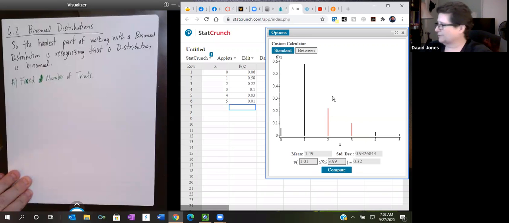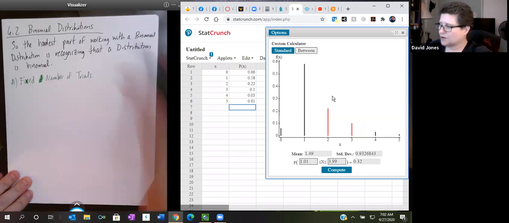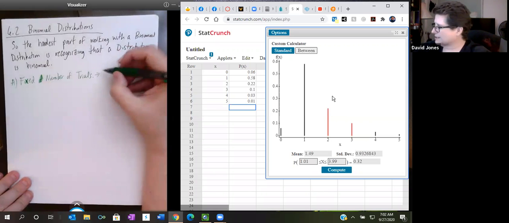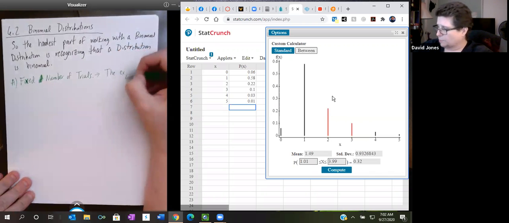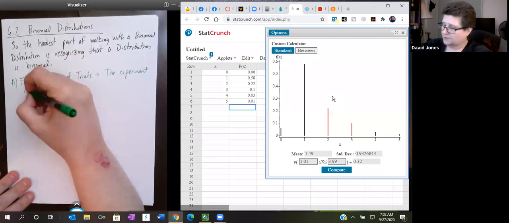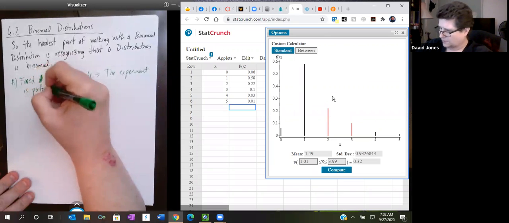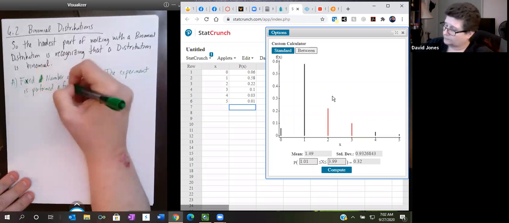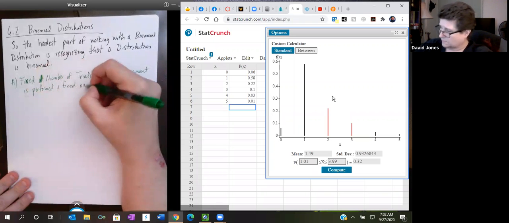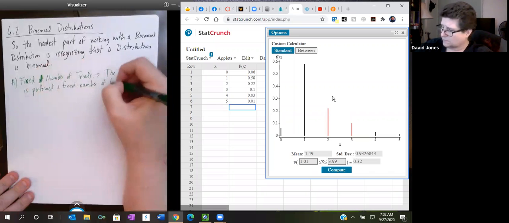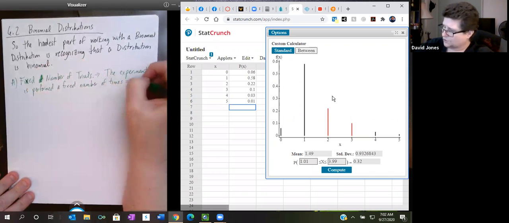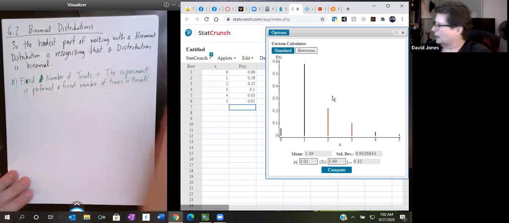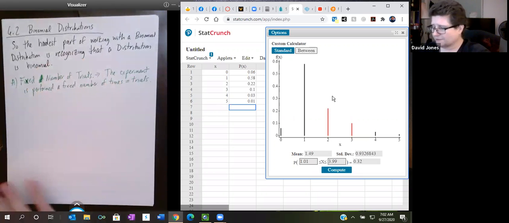That's not a fixed number of trials. A trial is an experiment, so the experiment is performed a fixed number of times, called trials. That's our first requirement.